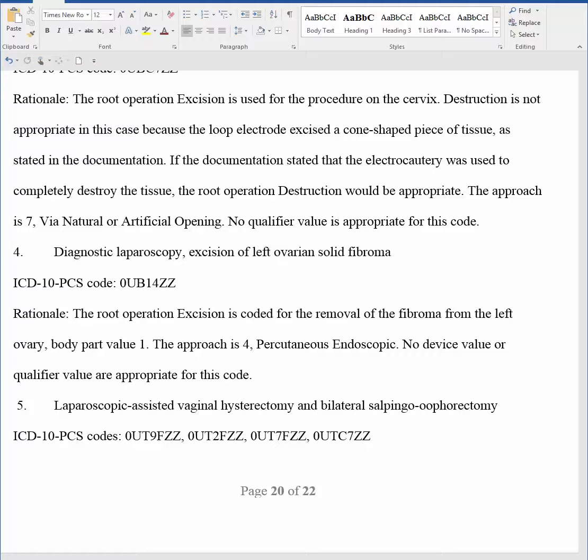Deep within the ovary, we could feel a solid fibrous structure that appeared round and appeared to be a fibroma. Fibroma is a benign tumor. We were able to incise the ovary around most of the structure and then remove the fibroma in one piece. We then increased the size of the port and then removed it through the abdominal wall.